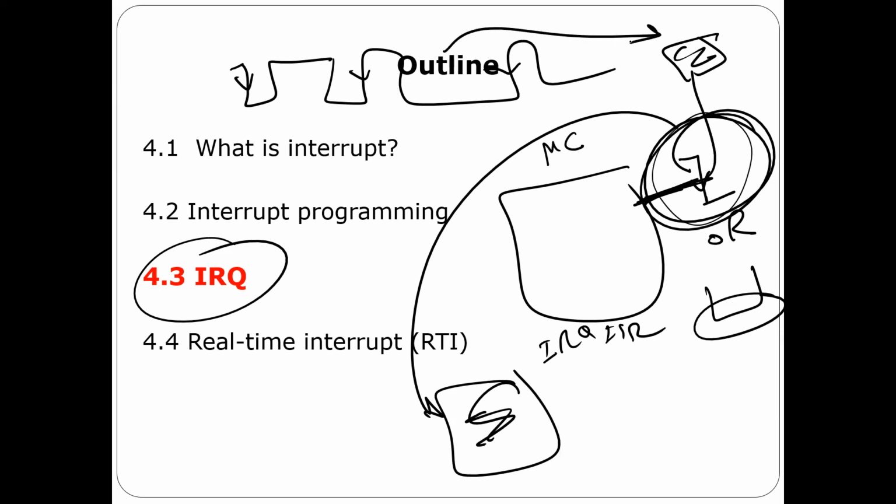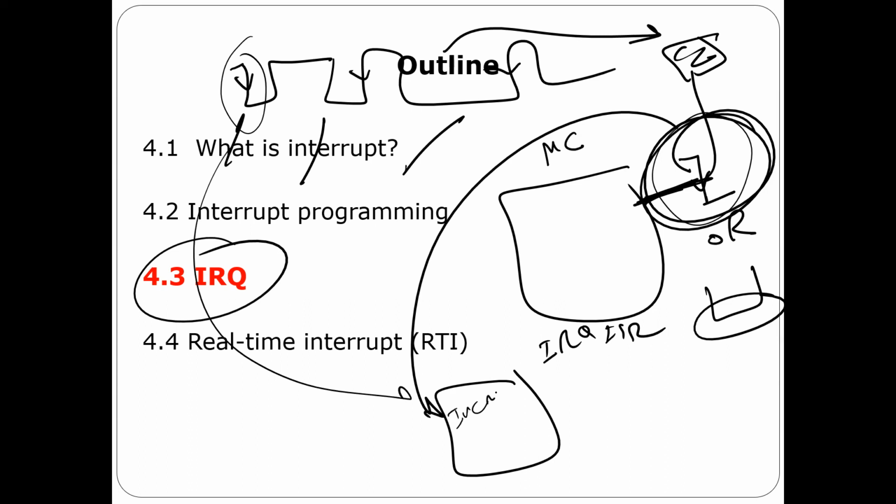This sensor should generate a signal like this one based on the speed, and I want to count how many pulses we are going to have in one second. Based on this number, I'm going to calculate the speed. All you have to do is, every time there is a falling edge, call the subroutine. In the subroutine, I have to increment a counter to count. You will see it in detail.